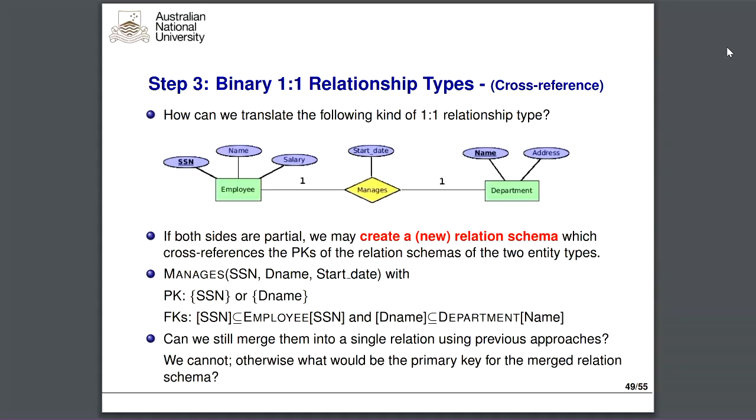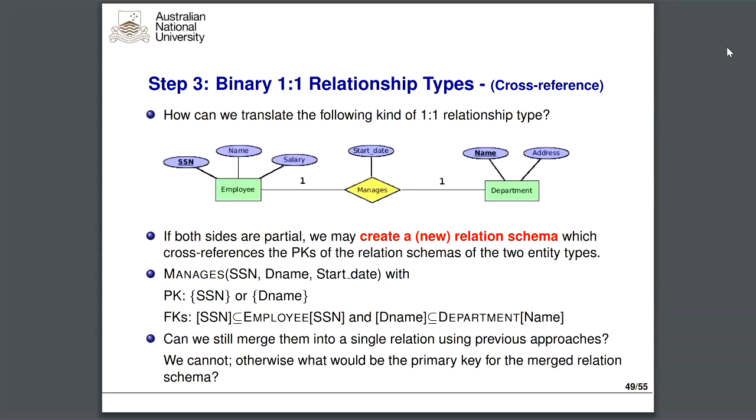Now in this case, we build a relation schema for the manages relationship. The manages relation comes from some employee's social security number and some department, meaning that some tuple in the employee set manages a department.